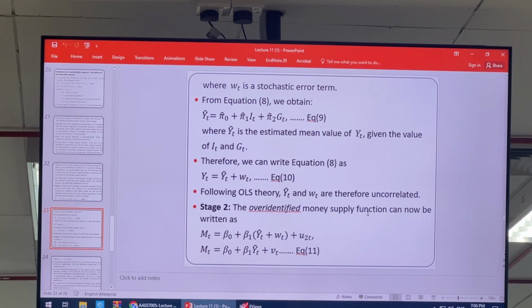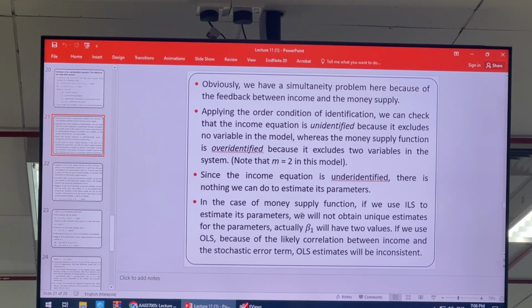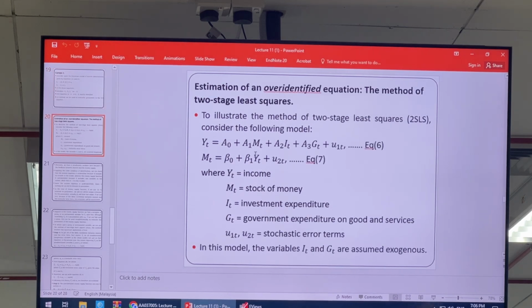Following the ordinary least squares theory, the fitted value of y and the error are therefore uncorrelated. Okay. So stage 2, after you get y hat, the fitted value of y, then you can use that to estimate equation 2, but do not use y, use the fitted value of y. Okay.